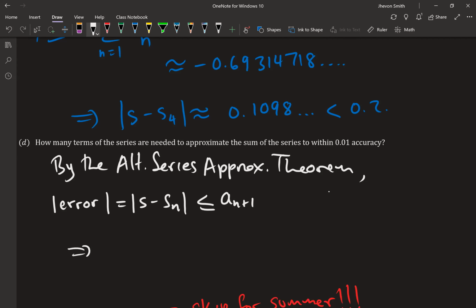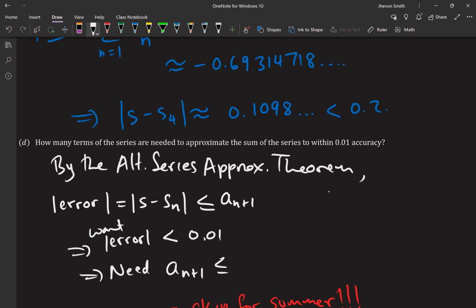This means we want the error to be less than 0.01. So we just make sure that the (n+1)th term is less than 0.01.